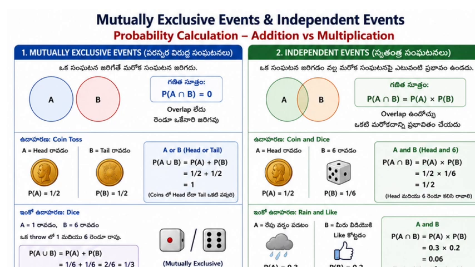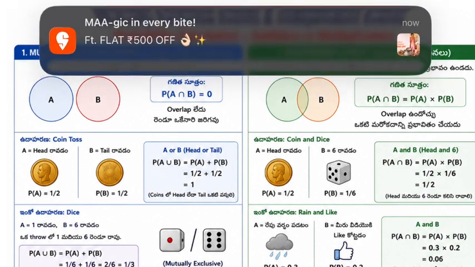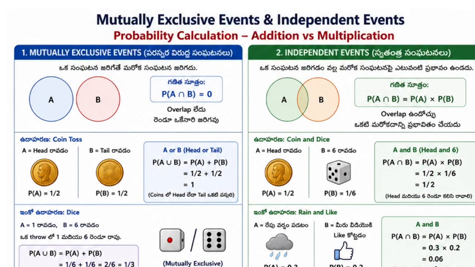When we flip a coin and throw a dice, the event of one doesn't influence the event of the other, so such events are called independent events. The coin doesn't affect any number coming on the dice.